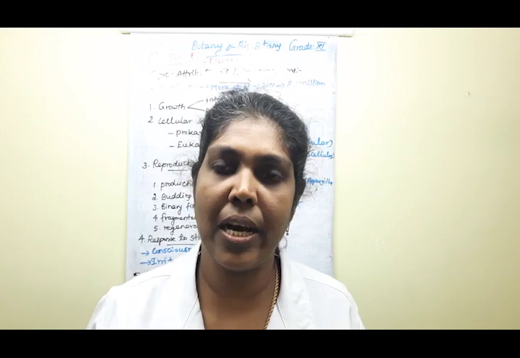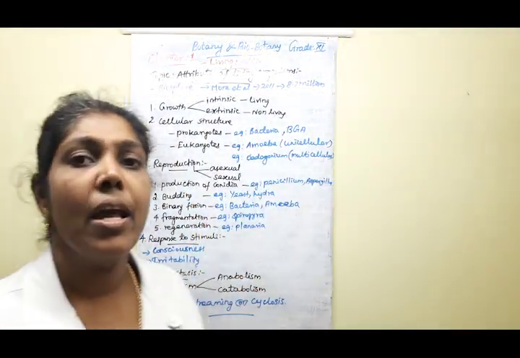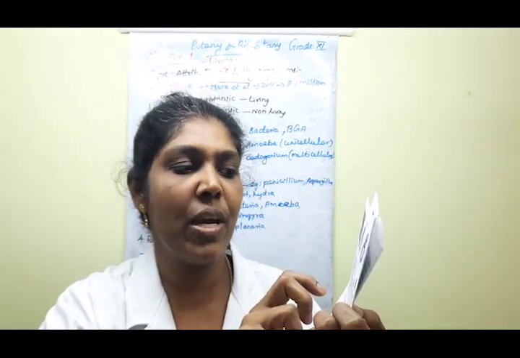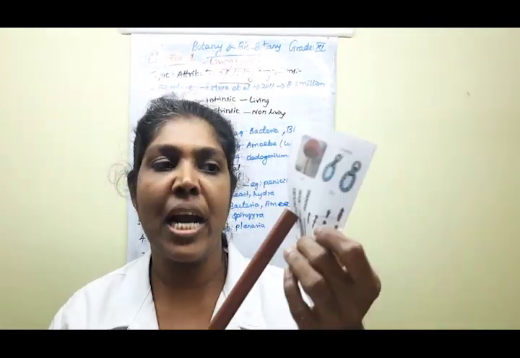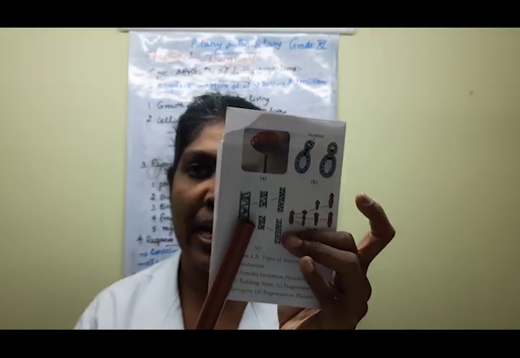Understood, children? Say yes or no? Yes. The next one, fragmentation. Fragmentation means the body splits into fragments. That is known as fragmentation. A good example of this is the plant Spirogyra.